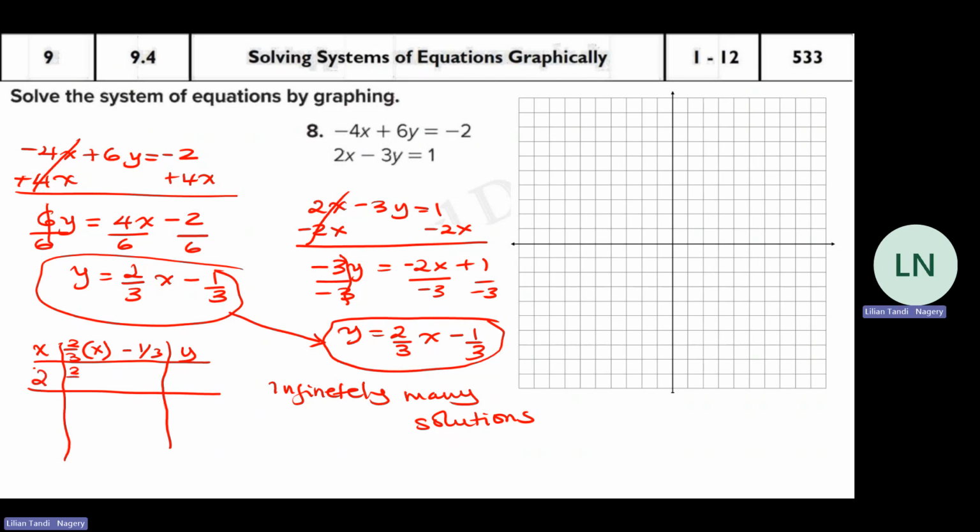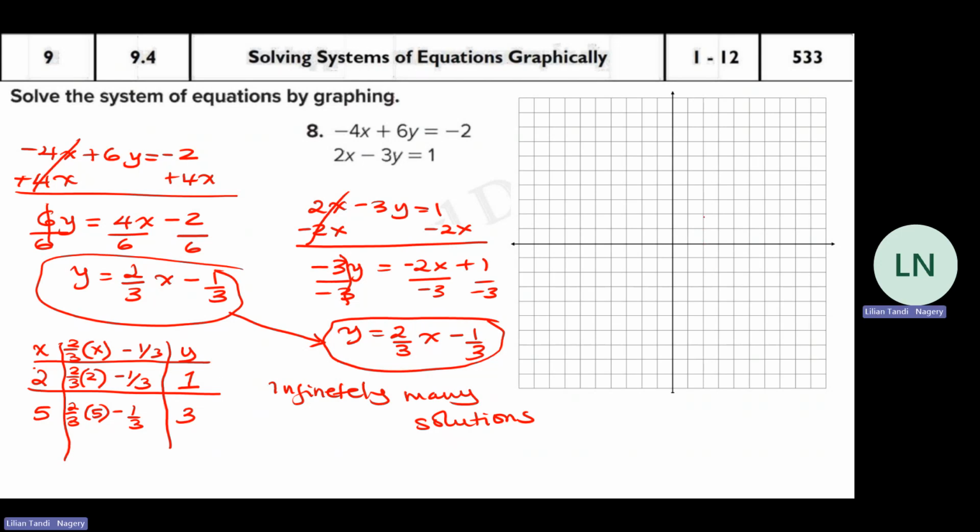So 2/3 times 2 minus 1/3. That should give you 1. And I used 5. So 2/3 times 5 minus 1/3. That gave me 3.